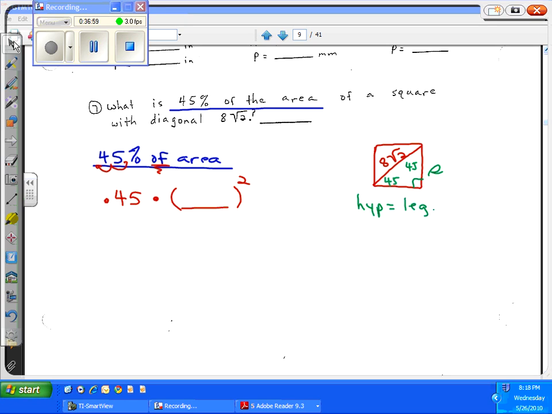Hypotenuse is equal to leg times the square root of 2. So hypotenuse, 8 square root 2, is equal to leg S times square root 2. To isolate the S, we're going to undo multiplication by division. And we get side is 8.